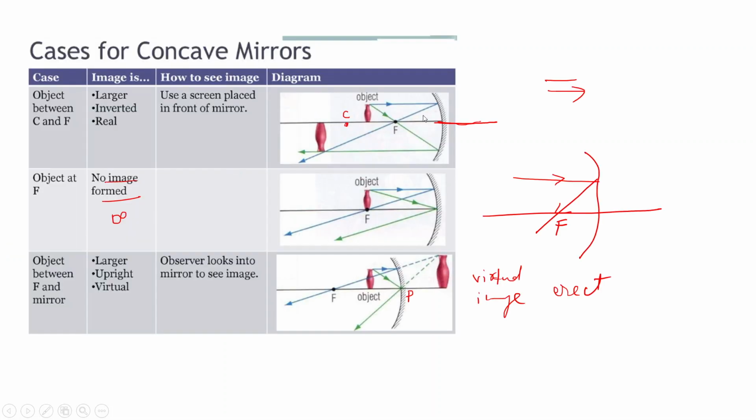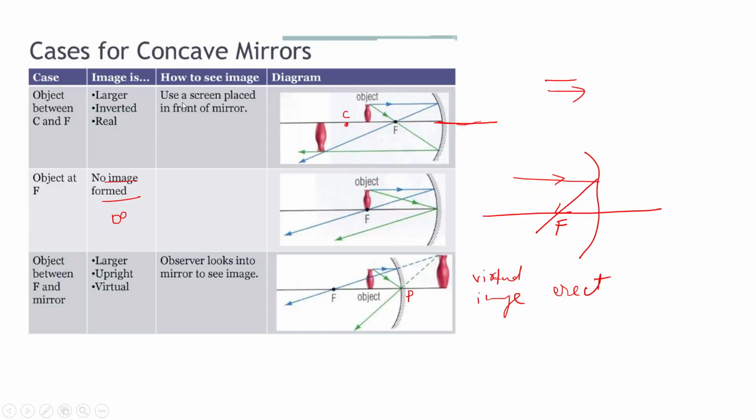So they started with more cases: when it's at infinity, the image forms at the focus. When it's at a distance more than C, it comes between F and C. When it is at the center of curvature, the image also forms at the center of curvature.